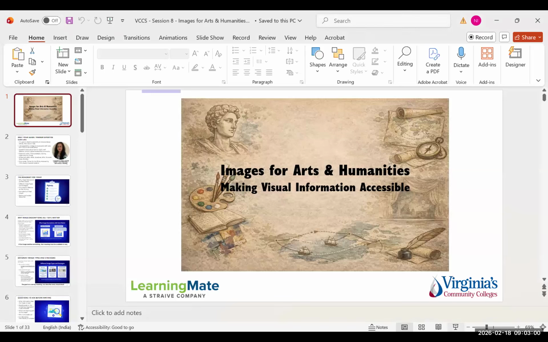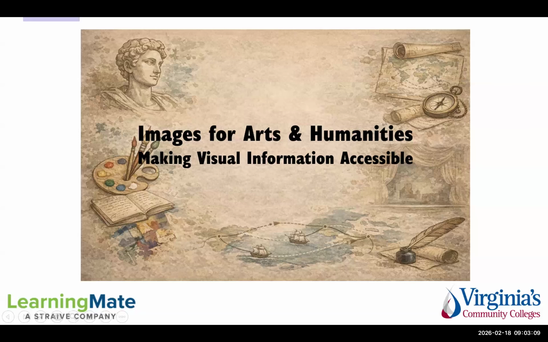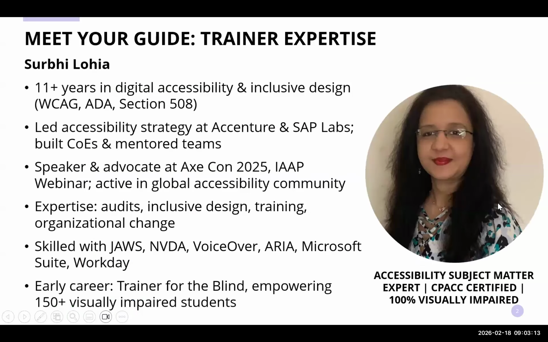Thank you, Sherry. Good morning, everyone, and welcome back to our next session of the Digital Accessibility Compliance series. Today, we are going to focus on image accessibility. I know accessibility can sometimes feel a bit technical, but images are actually at the heart of your teaching, especially when we talk about arts and humanities.